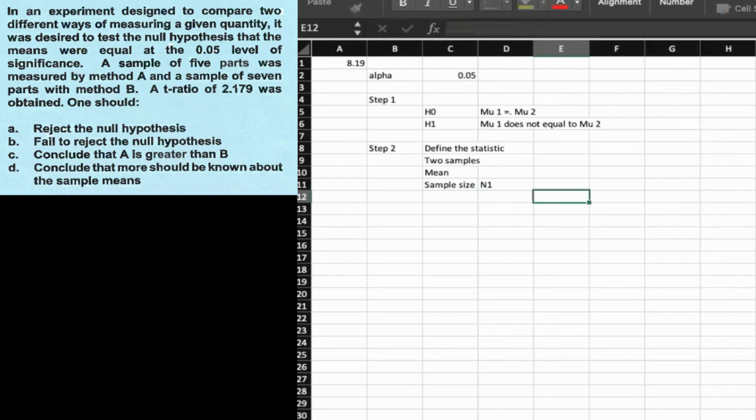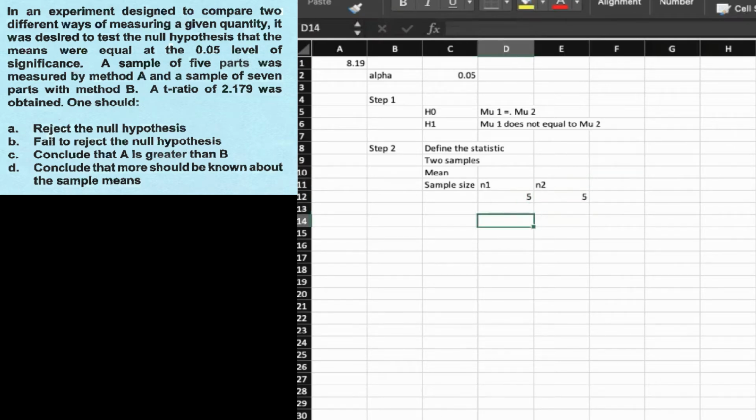Sample 1 is of sample size 5 parts, right? So the sample size is only 5.